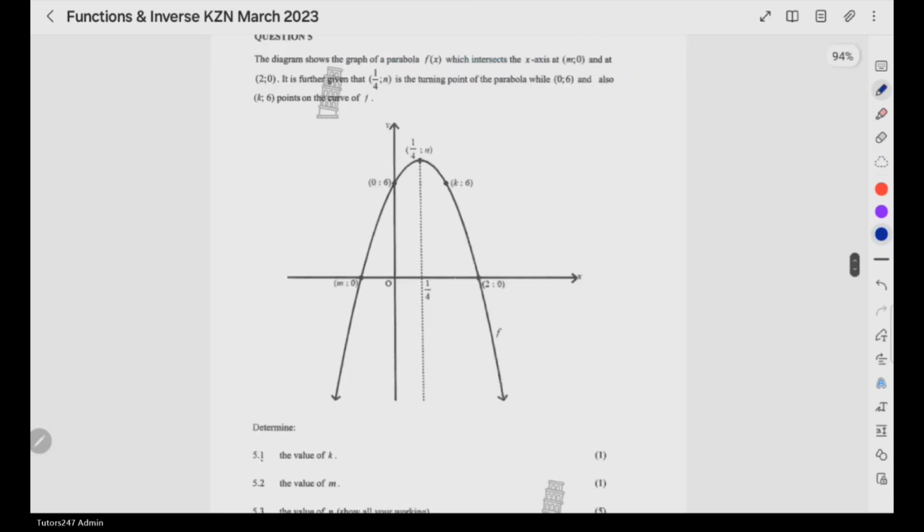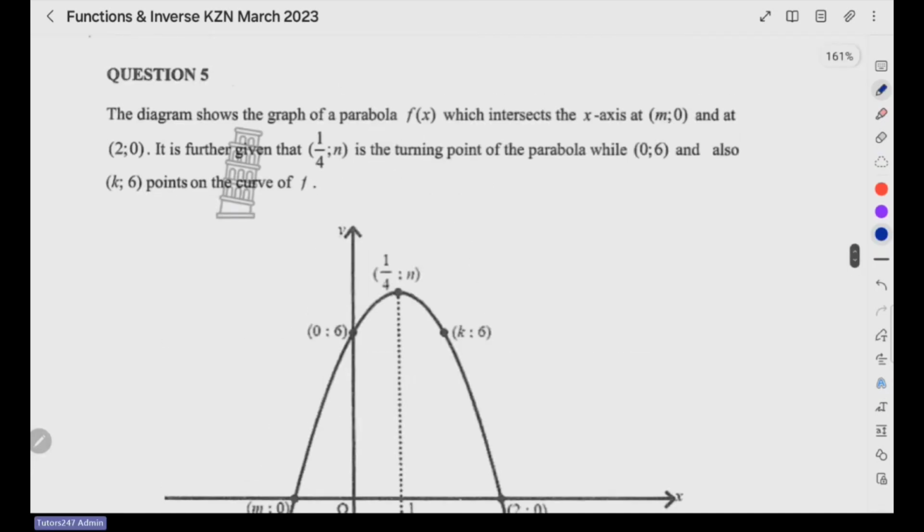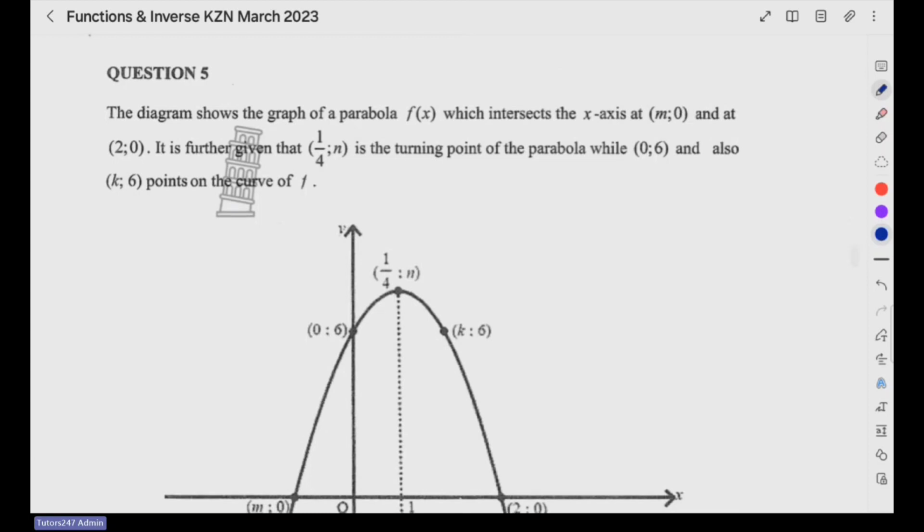Next, we have question 5. The diagram shows the graph of a parabola f of x which intersects the x-axis at (m, 0) and at (2, 0). It is further given that (1/4, n) is the turning point of the parabola, while (0, 6) and also (k, 6) are points on the curve of f.